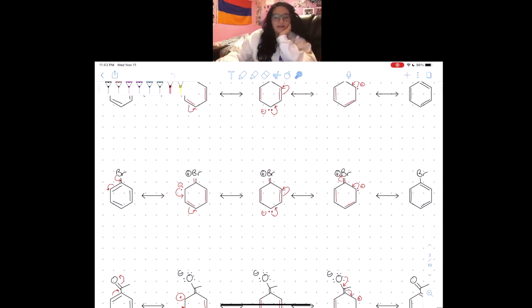Note that we will have a plus charge here as we make a double bond to our ring. In addition, we will have a negative charge placed on the ortho and para positions across the ring. Just keep this in mind as we go on to our questions.